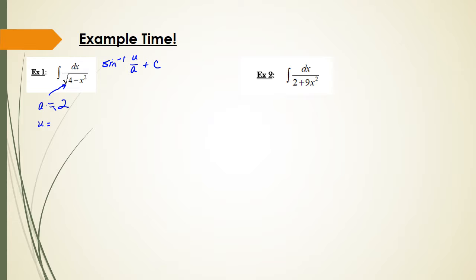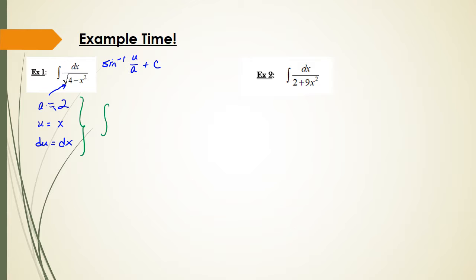u will always be the function that's being squared. In this case, it's x. And of course, like always, we want to create a du, and that would be dx here, so that everything matches. We're still playing the same matching game that we've been playing over the past couple lessons. We're trying to retrofit this into the integral expression we saw.